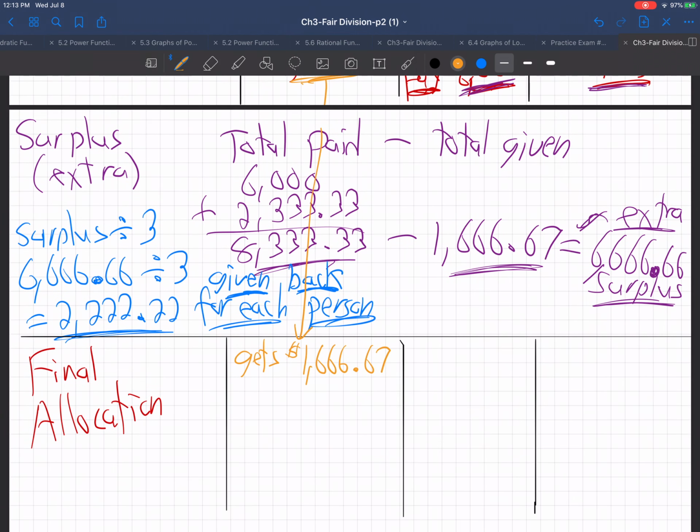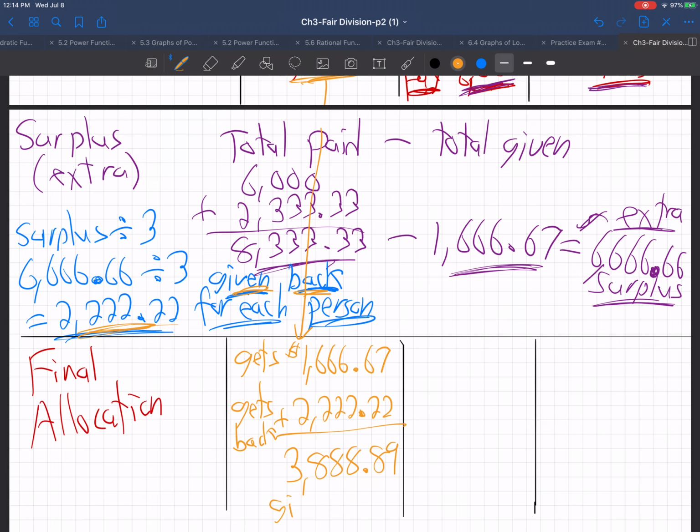And now she also gets back from the surplus 2,222.22. That's given back. So add those together, because they're both the initial money given to her plus the extra money given to her, totals 3,888.89.